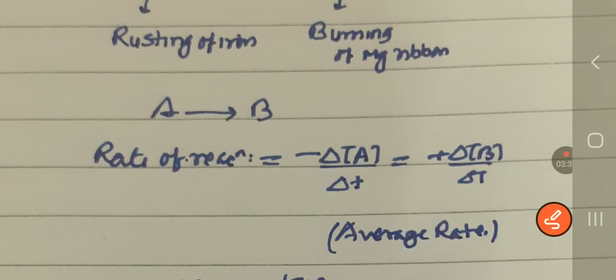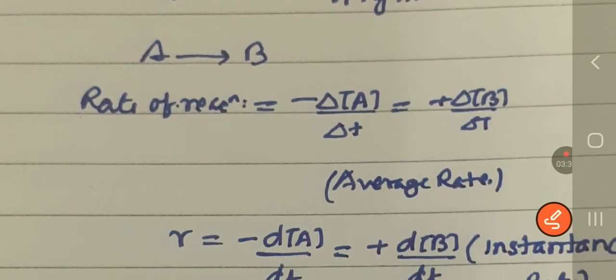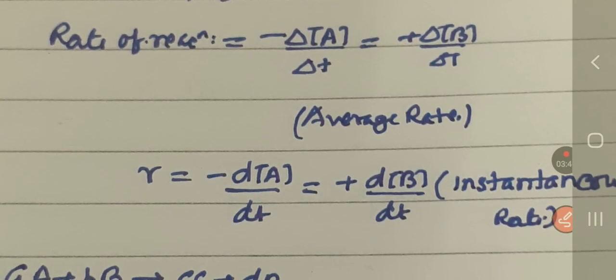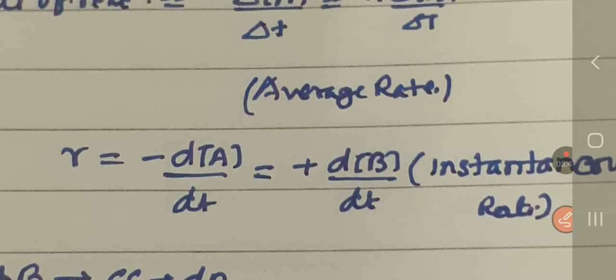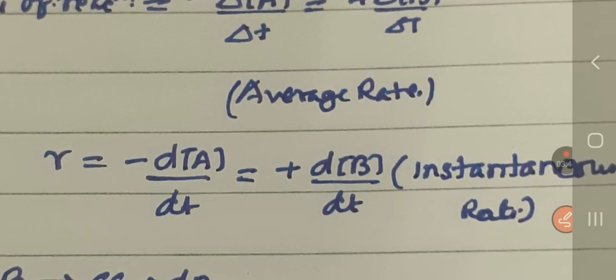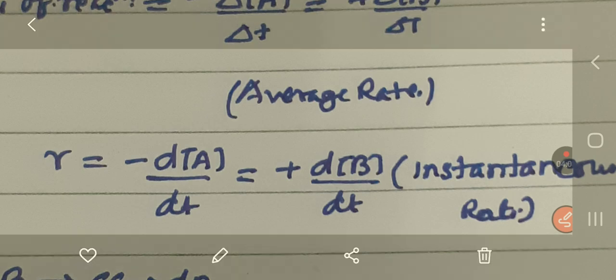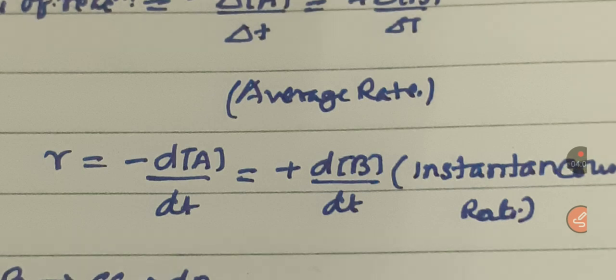Now, what happened? Watch carefully on your screen. If we observe that as soon as time changes, there is change in the concentration of the reactant, or small change in the concentration of the reactant and product with respect to small change in time, it is said to be instantaneous rate.